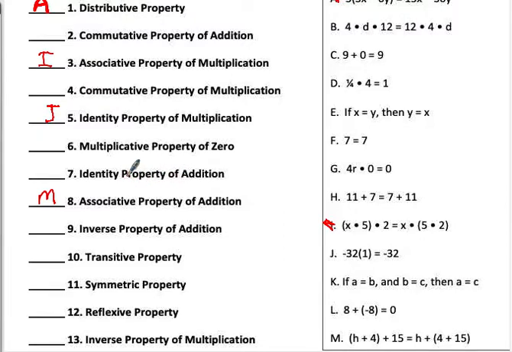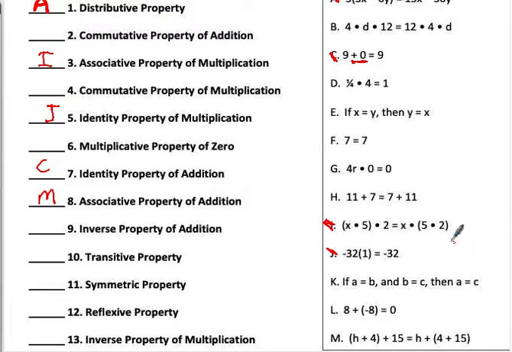So what about the identity property of addition? You've got to add 0. Oh, no, C. You actually see the plus 0. That's the additive identity. We're adding 0, so that's got to be it. It's C. So cross off J too. I forgot to cross that one off.